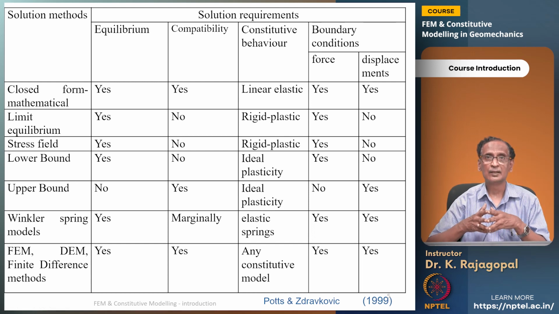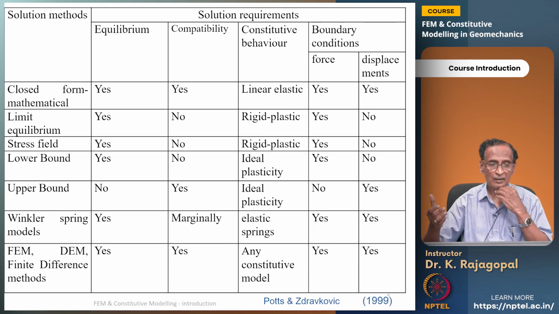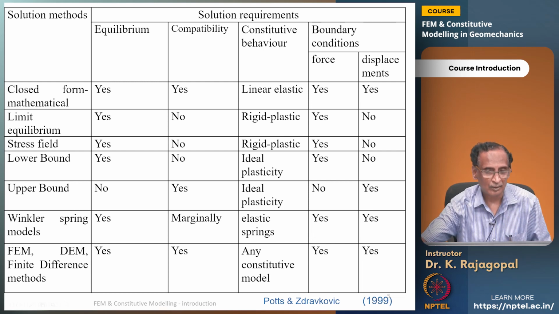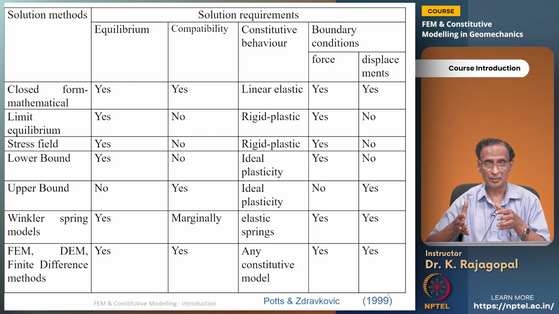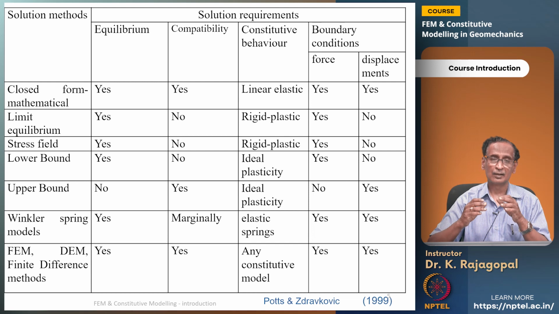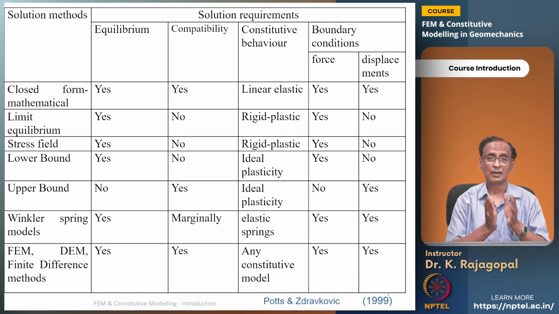That is also a very simple method, where we can satisfy only some and we will not be able to get the displacements. And then the lower bound, upper bound methods are also limited in their capabilities, because we have only a simple constitutive model, and we are not satisfying all the conditions like equilibrium, compatibility and constitutive matrix and so on.